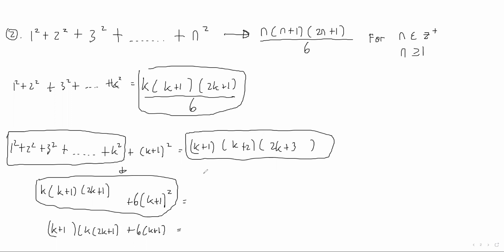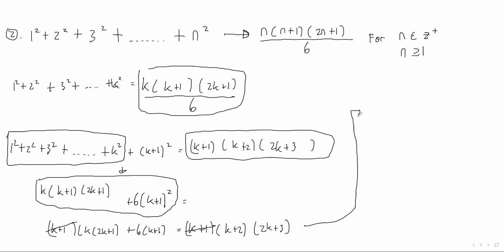So that'll be equal to this one right here, right? So k plus 1 and then k plus 2 and then 2k plus 3. Because both have a factor of k plus 1, we can cross out the k plus 1 because they are the same factors. Now we just need to expand the bracket, right?